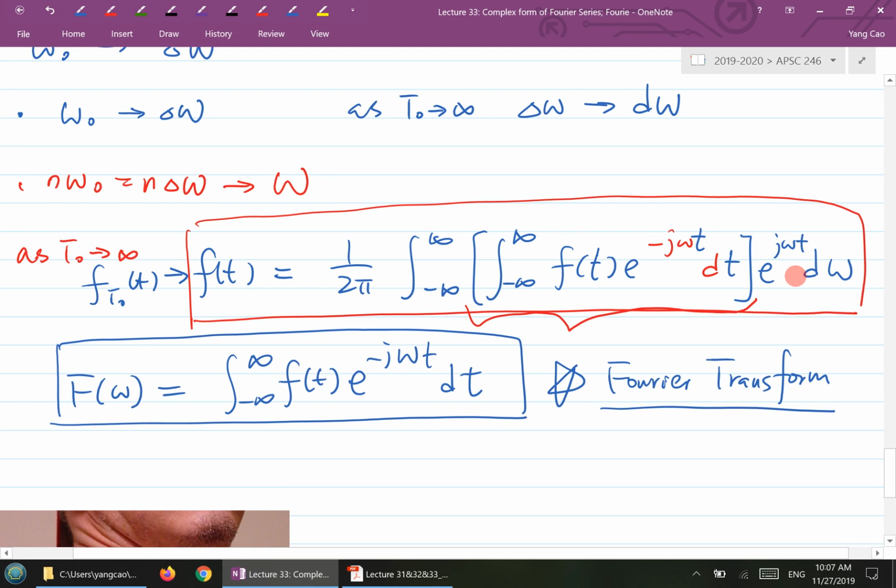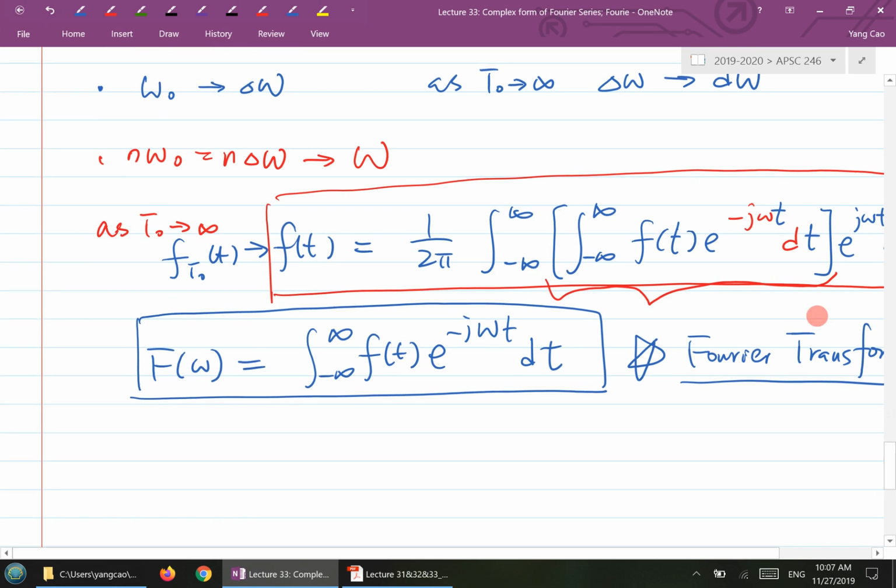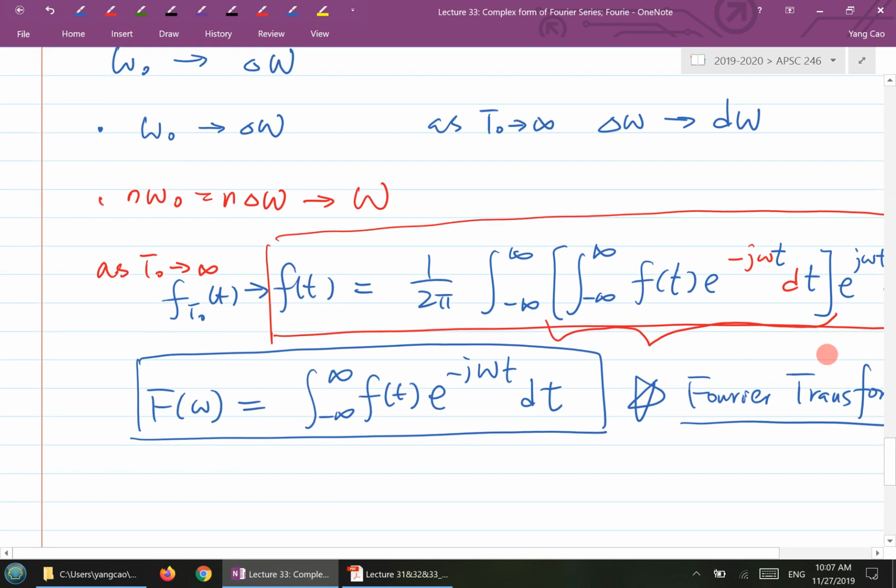So what this Fourier transform is doing essentially, it's a transform, so try to relate it to the Laplace transform, which is probably the only kind of transform you have learned so far. You're transforming a time domain f of t into the omega domain, which is a frequency in this case.